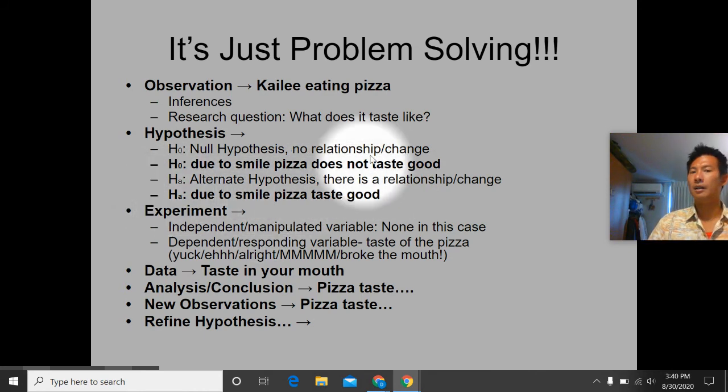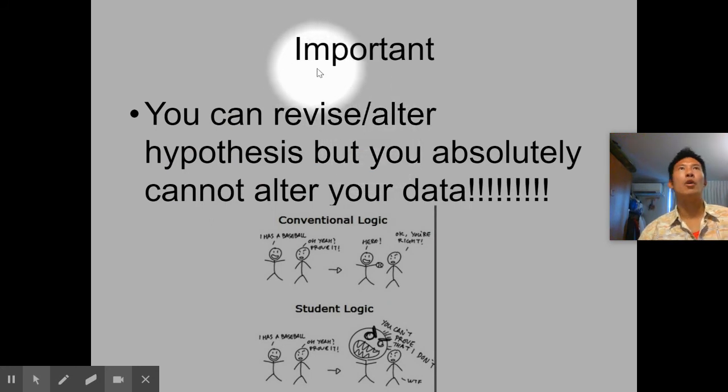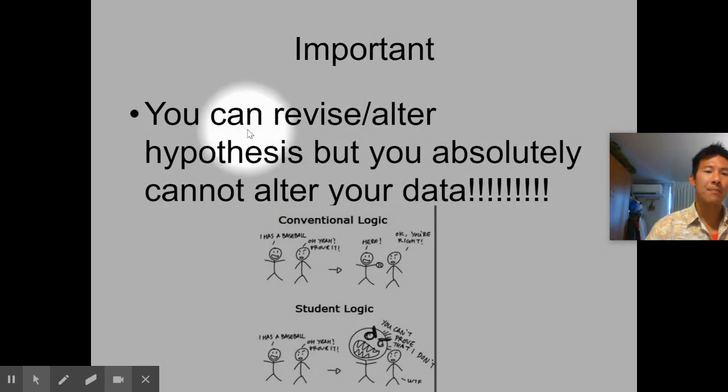Okay, moving on. Okay, now, a few important things you guys have to consider. All right. The hypothesis, you guys can always revise at any point in the scientific process.